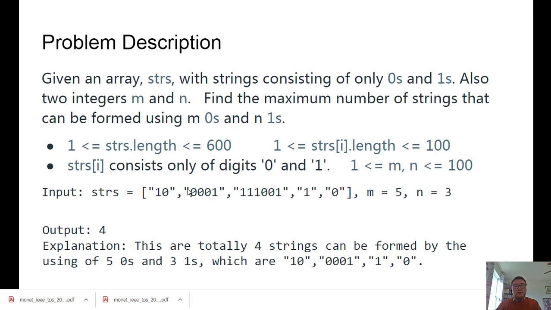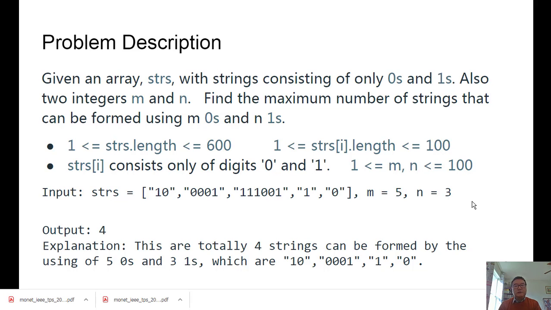But in general, this greedy may not work, because ones and zeros may be imbalanced. You can't guarantee greedy will be correct, so you have to do it systematically. It's like a knapsack problem.